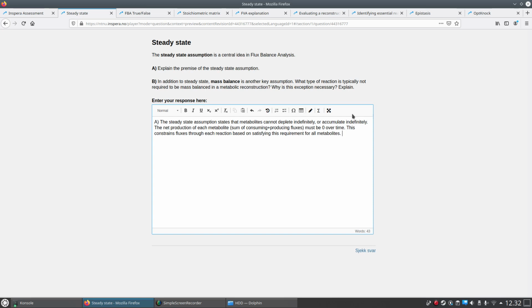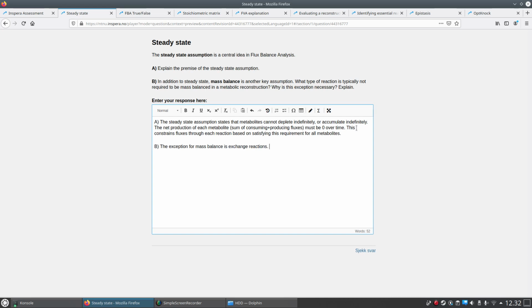But there is one type of reaction for which this mass balance requirement is typically not enforced. What kind of reactions are those, and why is that exception necessary? The exception for mass balance is exchange reactions.